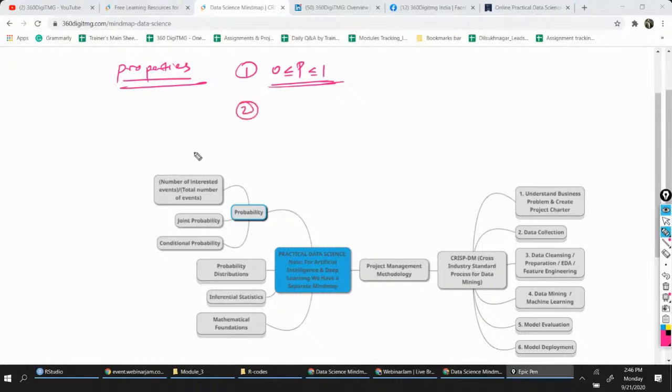Then the second property: the sum of all the probability values will always be equal to what? 1. It will always be equal to 1. So for an experiment, you know there will be an outcome.